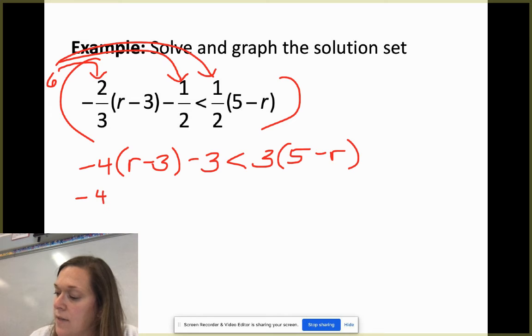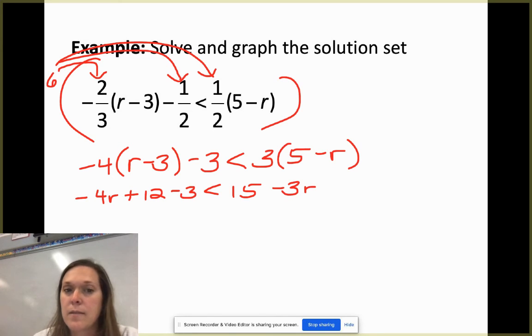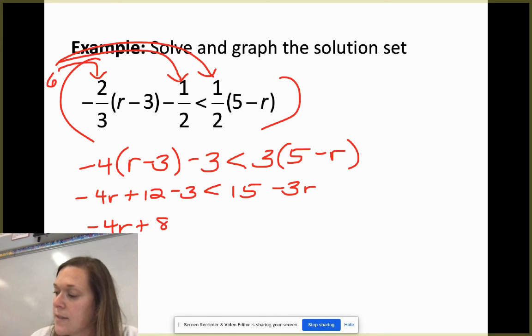Distribute. Negative 4r plus 12 minus 3 is less than 15 minus 3r. Combine like terms. Negative 4r plus 9 is less than 15 minus 3r.